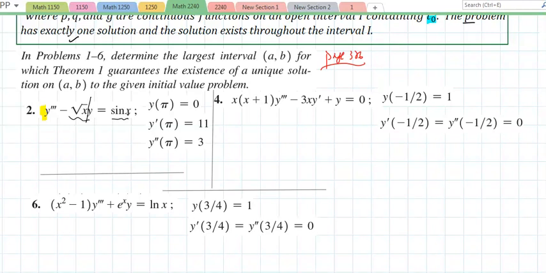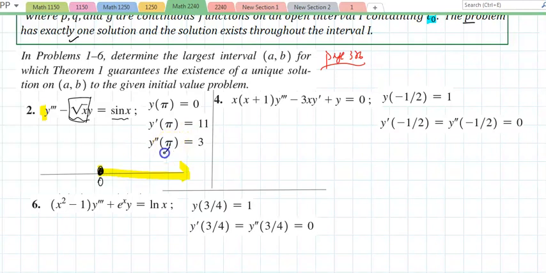So when I look at those, I would notice that this is restricted by a radical. The radical indicates that you can only be to the right.